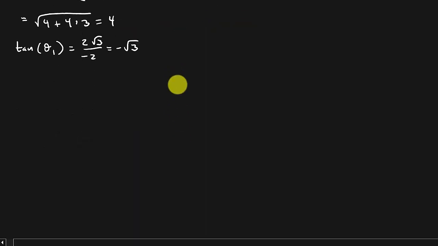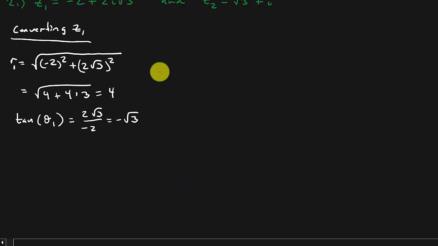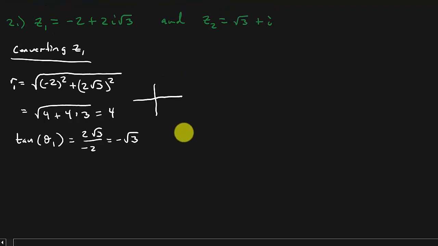So let's see. I'm going to draw it real small right here. So first, let's plot the point. That's negative 2, positive 2 square root of 3. That's right here. We're in the second quadrant. There's theta 1. Well, we need to find the reference angle.